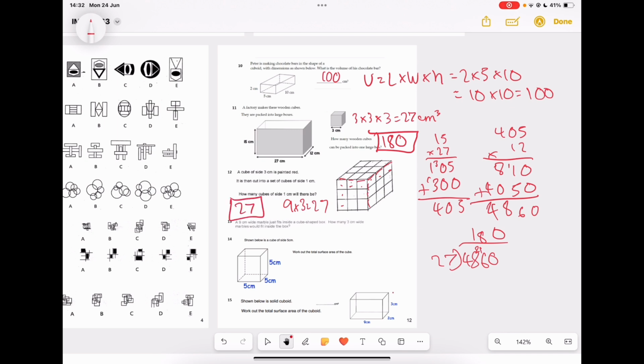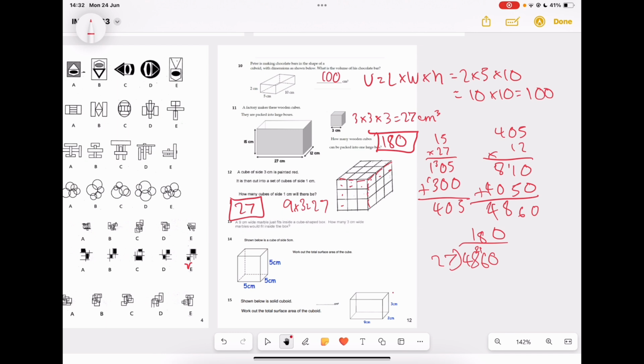Next is 13. A 9 centimeter wide marble just fits inside a cube-shaped box. How many 3 centimeter wide marbles would fit inside the box? So a 9 centimeter wide marble just fits. So how many 3 centimeter wide marbles can fit?